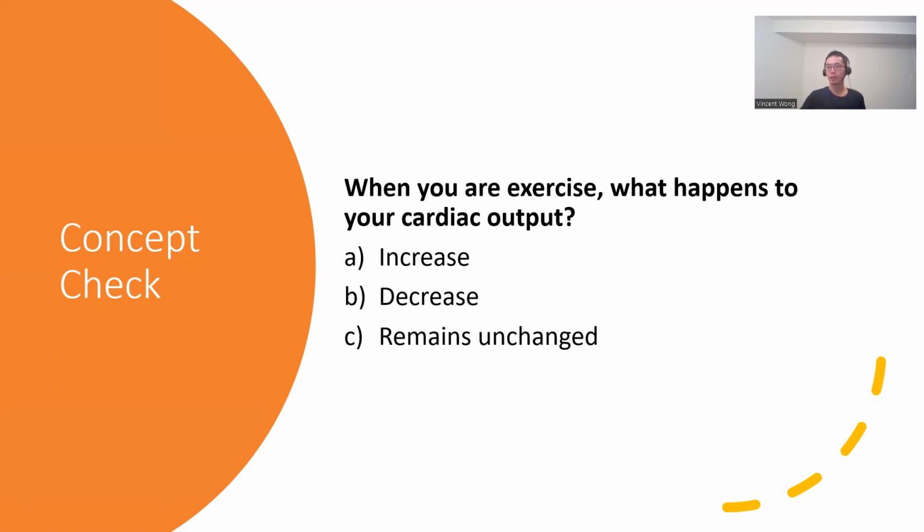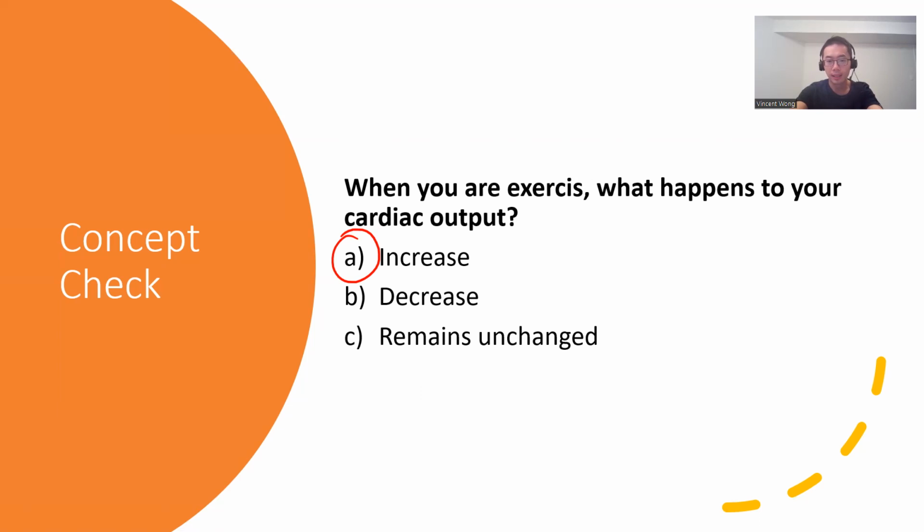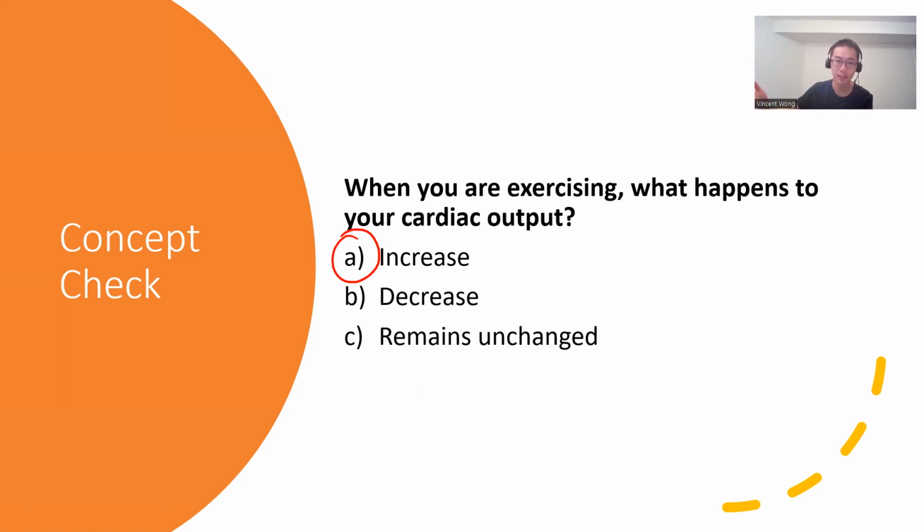Okay, good. This one is good. Everybody who participated got it right. It will increase because when you're exercising, your heart rate goes up, right? And the cardiac output equals heart rate times stroke volume, right? So if heart rate goes up, cardiac output is going to go up.